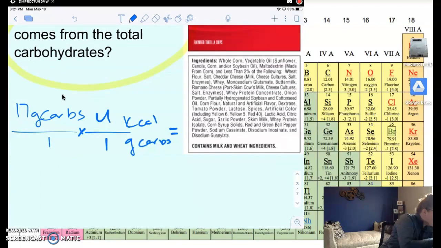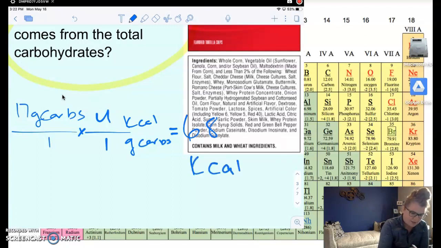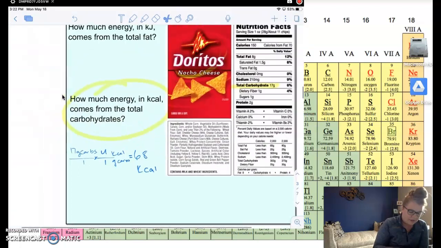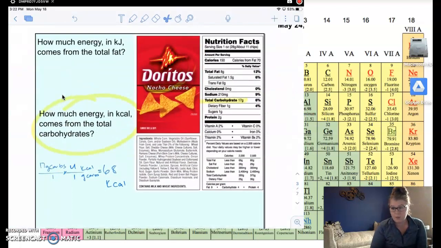So 17 times 4 is 68 kcals. So 68 kilocalories of the Doritos are specifically coming from carbohydrates. We could also do the same thing for the protein here.